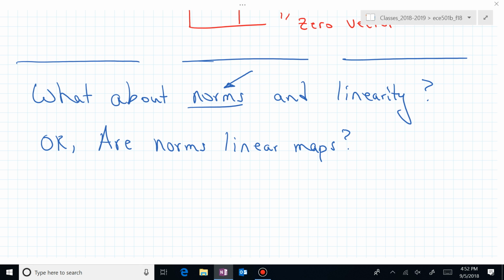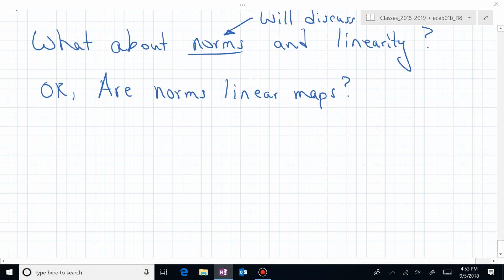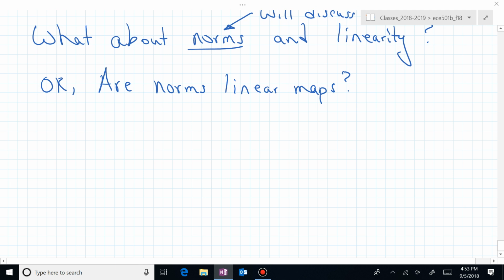So this norm, we'll discuss norms later. But for now, let's just define them and see what happens. To do that, let's go ahead and pick a vector x.